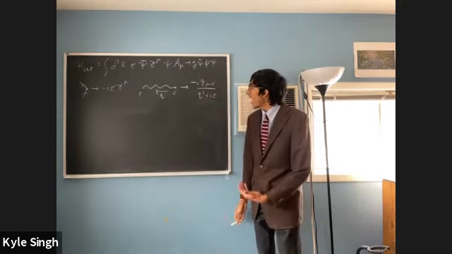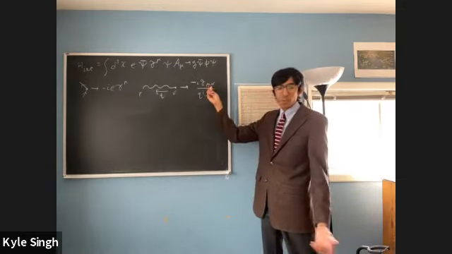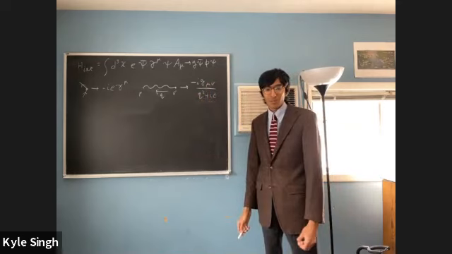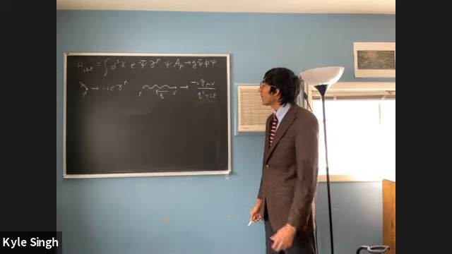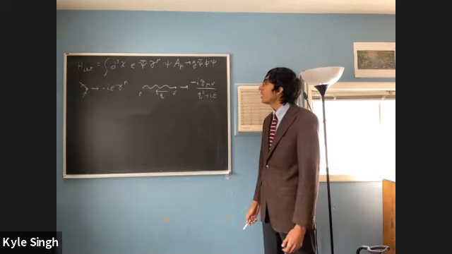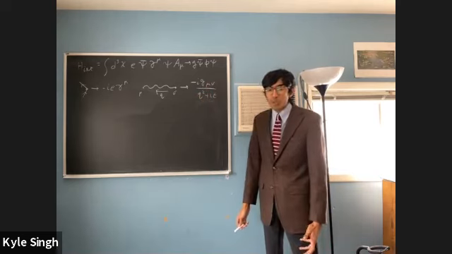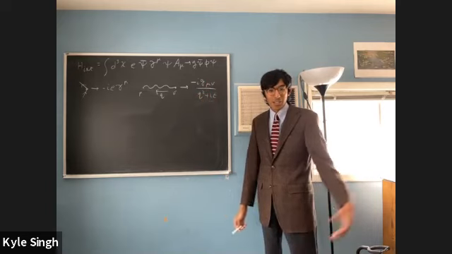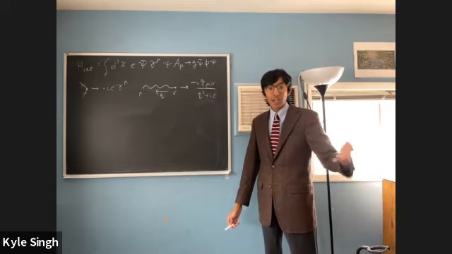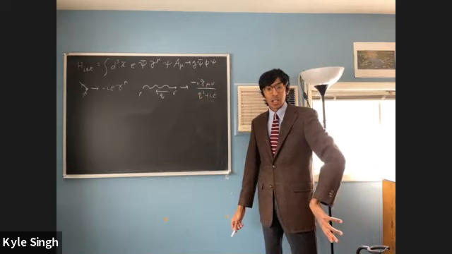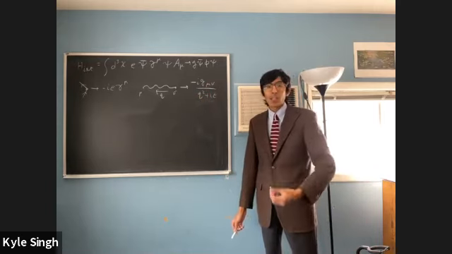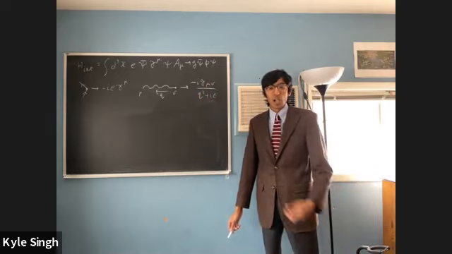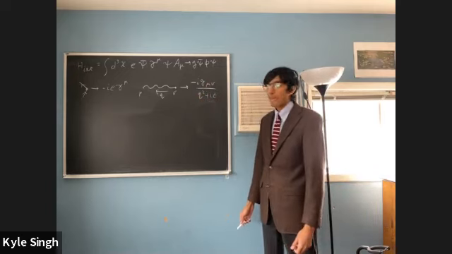Remember g mu nu is eta mu nu, right? It's not some arbitrary metric. The reason we have the Minkowski metric here is basically to make sure the sign comes out right, because as you know now, antiparticles will have the opposite sign of regular particles, and g00 has the nice property that it's equal to -1. So we can use that to our advantage.